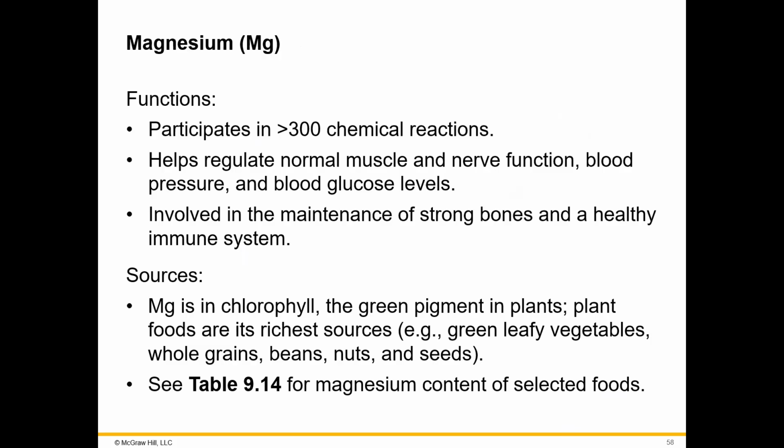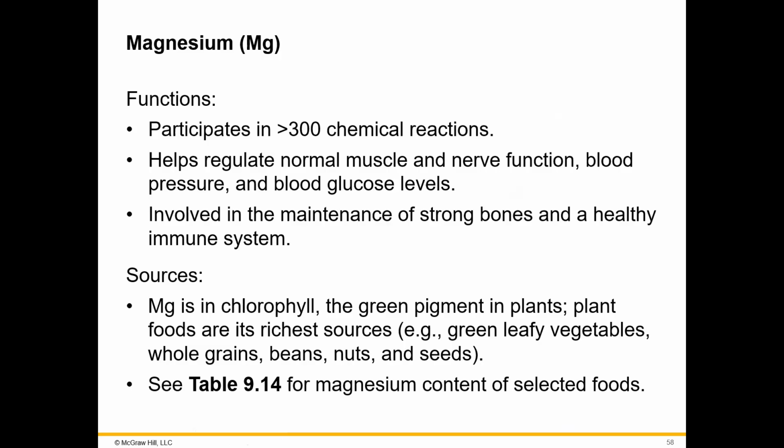It's part of chlorophyll in plants. So your dark green leafy vegetables, whole grains, nuts, beans, and seeds are excellent sources of magnesium. Your spinach, pumpkin seeds, baked beans, brown rice, those kinds of things. So keep that in mind.